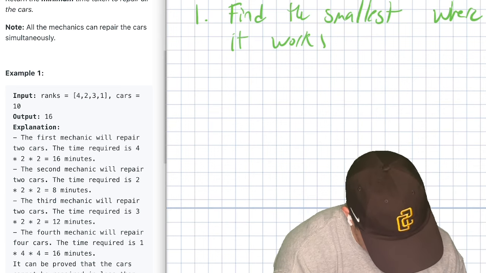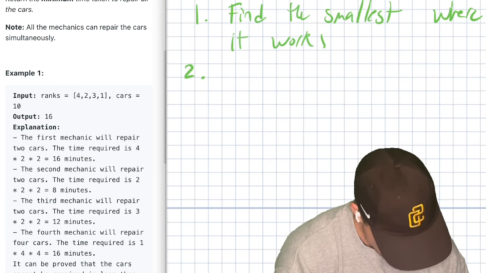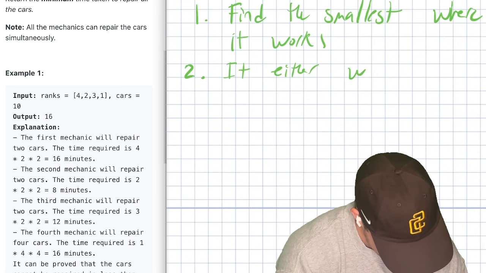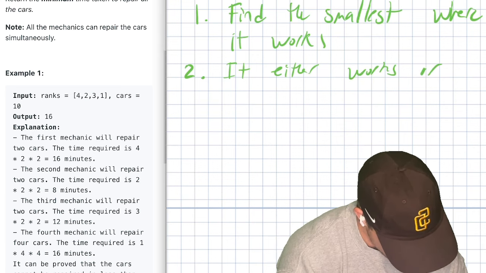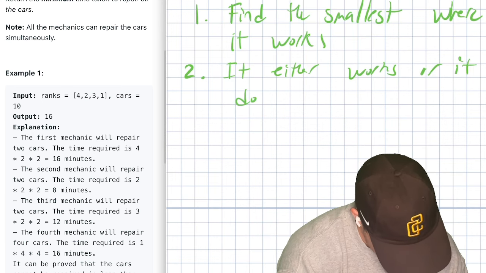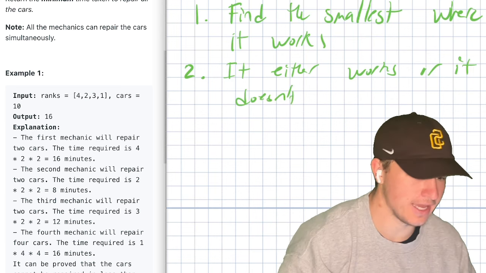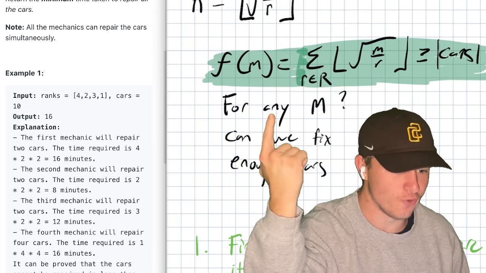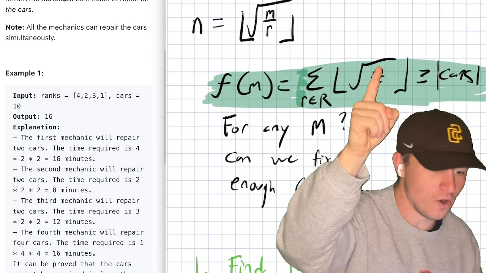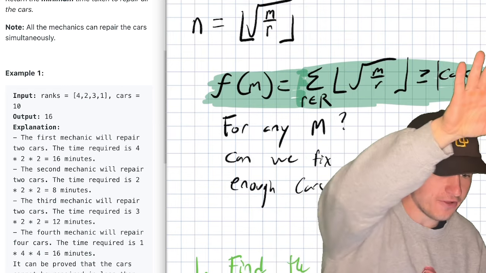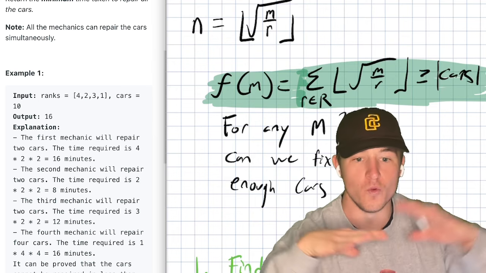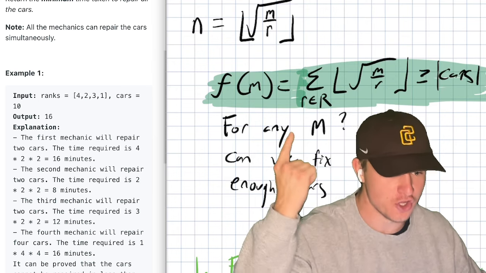The second one is, it either works or it doesn't. Now this might sound kind of weird, but basically in this formula, when I give an M, it either works or it doesn't work. Either it's greater than cars or it's not. There's no weird in-between situation, no weird extra conditions. It's literally just one variable.